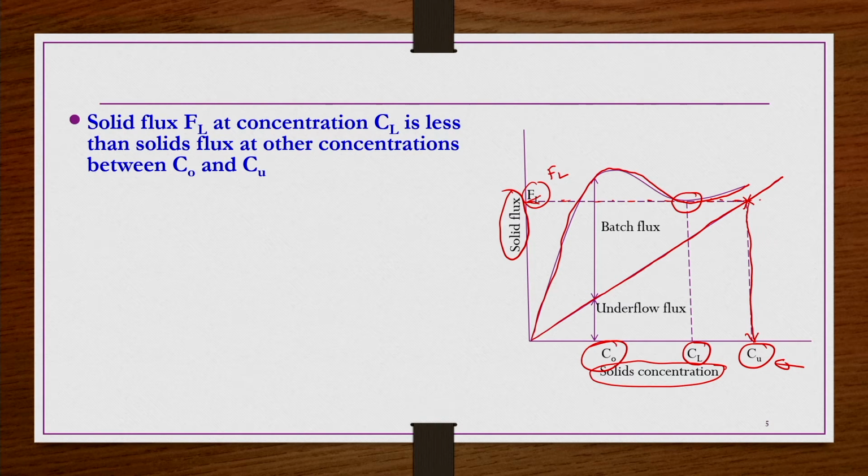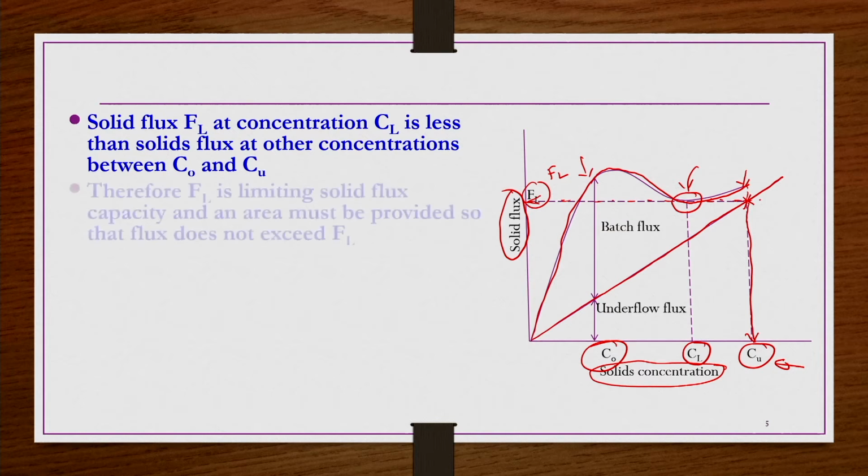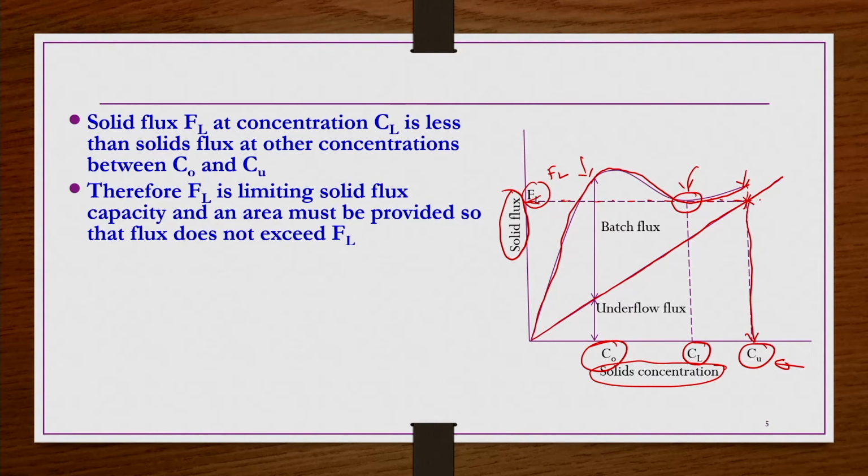If you calculate the solids flux at C0, and at Cu, they are going to have a higher value compared to the solids flux at this Cl concentration. Therefore, Fl is the limiting solid flux capacity, and an area must be provided so that the flux does not exceed Fl.